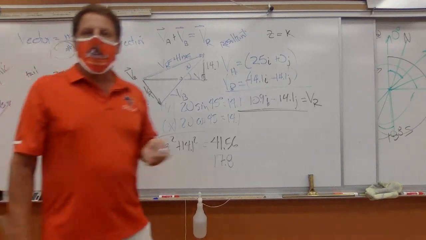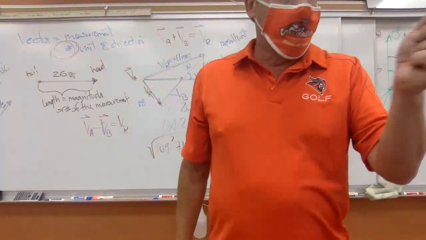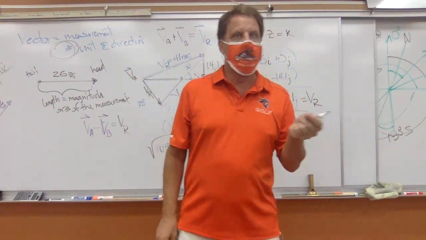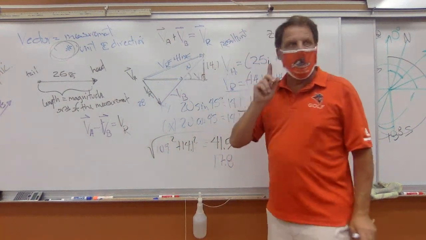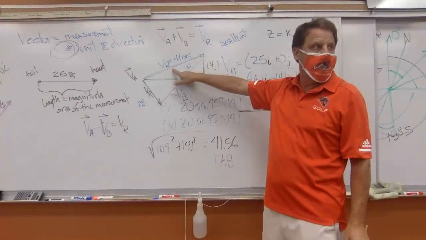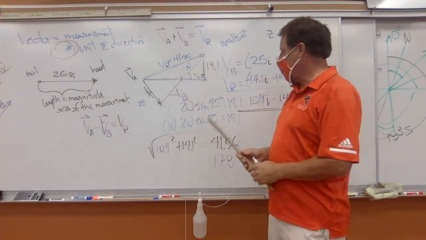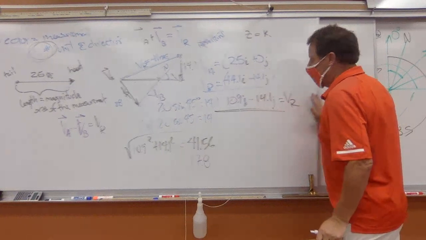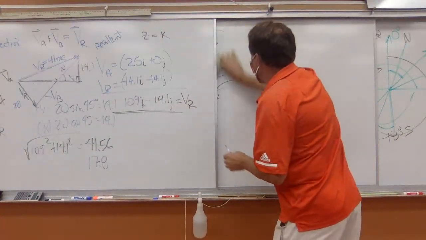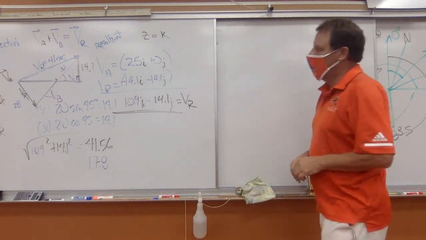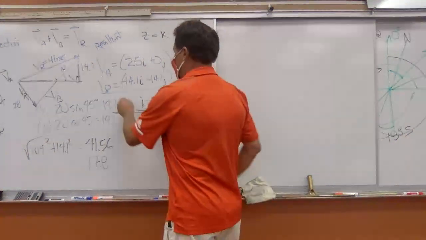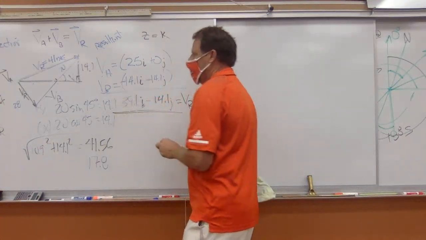Here's the other issue: a vector also has a direction. So analytically, what direction is this? Let's do our resultant. Our original resultant was 39.1.